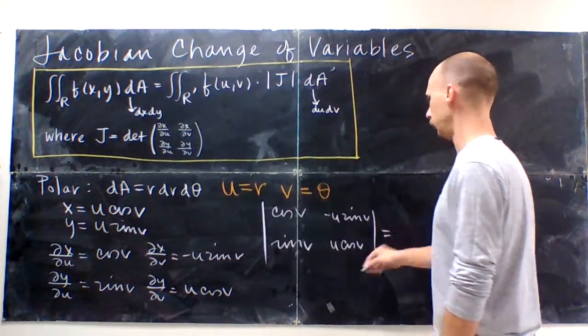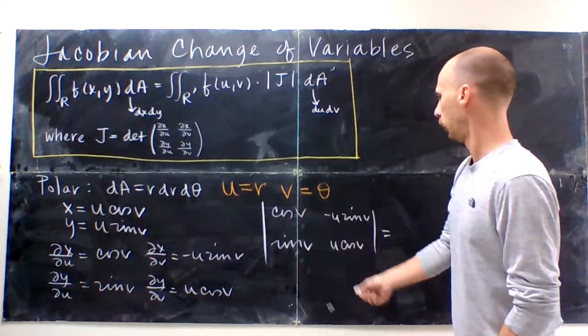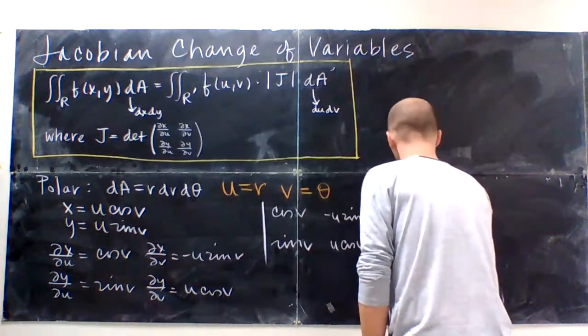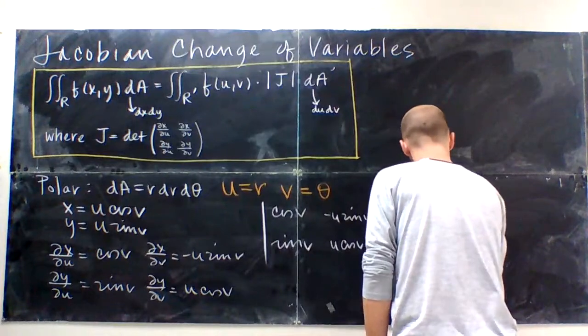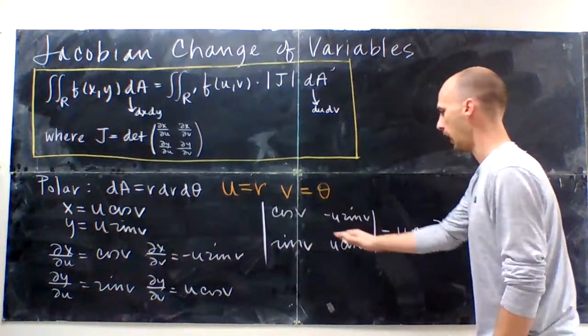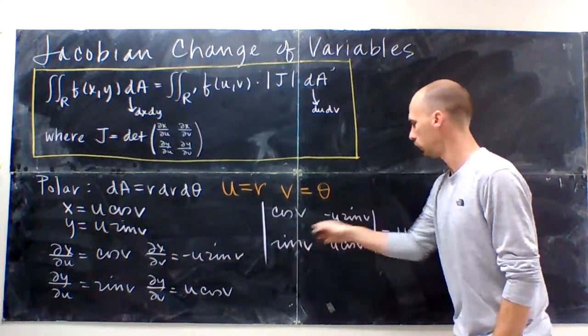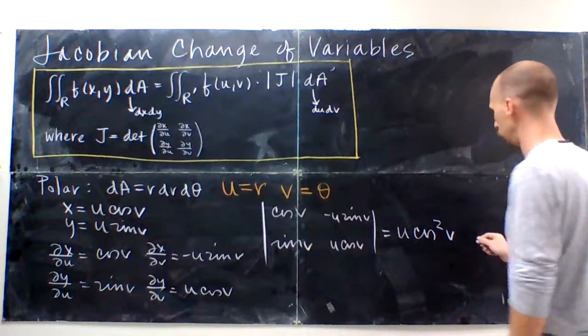Okay, and then I can actually take that determinant. So I'll have u times cosine squared v minus negative u sine squared v. So it'd be plus u sine squared v.